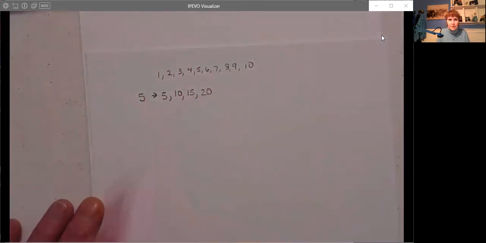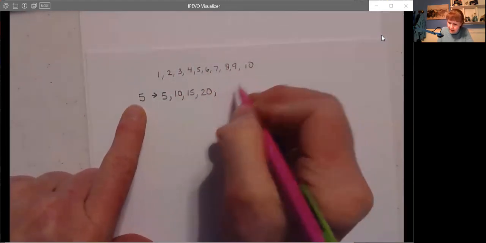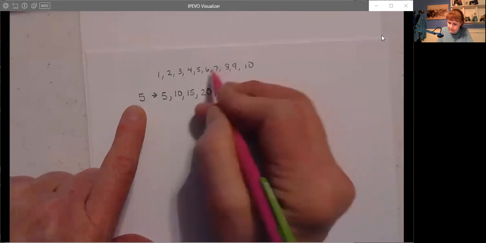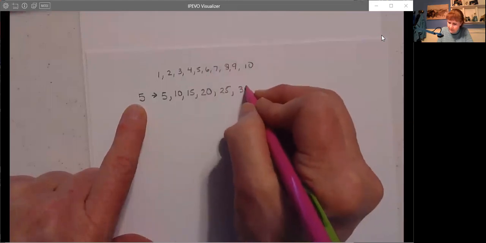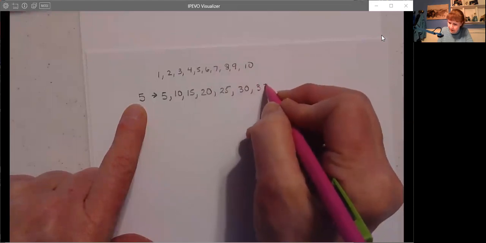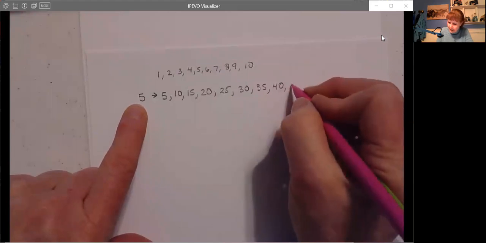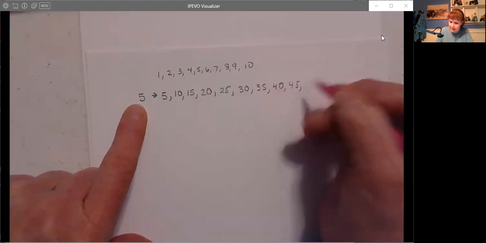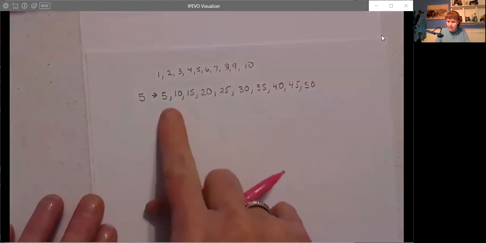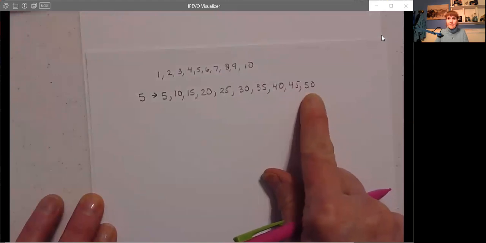These are multiples of 5. 5 times 5 is 25. 5 times 6, and we'll look at another way of doing this. 5 times 7 is 35. 5 times 8 is 40. 5 times 9 is 45. It's more tedious than anything. And 5 times 10 is 50. These are the first 10 multiples of 5.